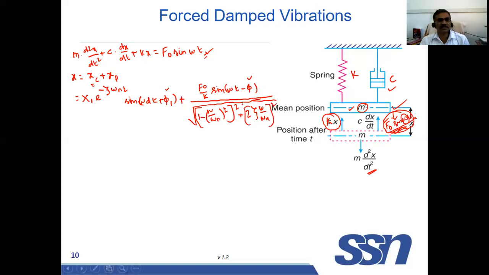This phi is different from the earlier phi. So this is the equation. This is the complementary function, and this is the particular integral. This is the solution we got.